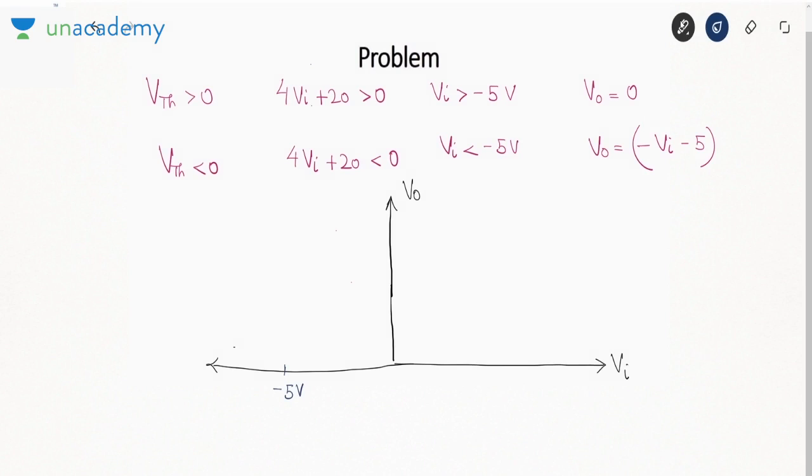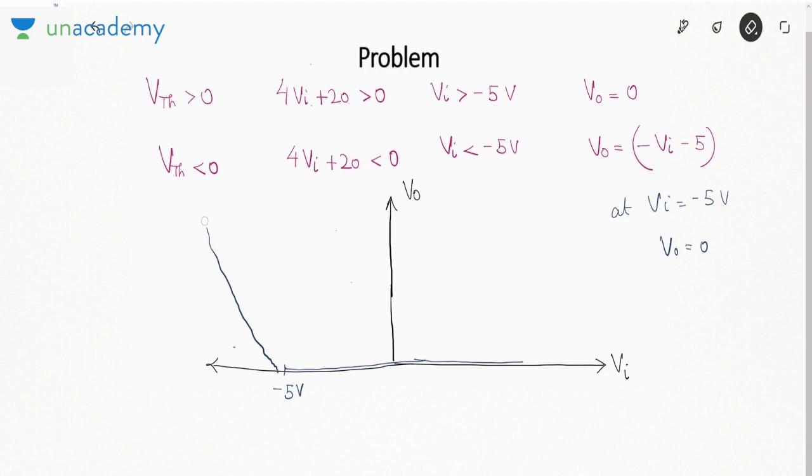Okay. When VI is greater than minus 5, V naught is 0, so this line we will show for 0 volt. When VI is less than minus 5, it is minus VI minus 5. So at VI equal to minus 5, V naught will come out to be 0.